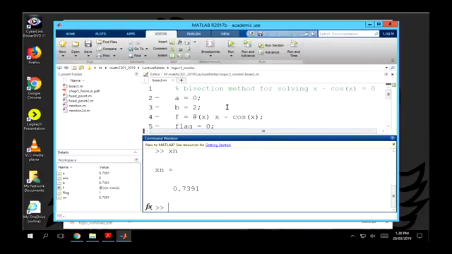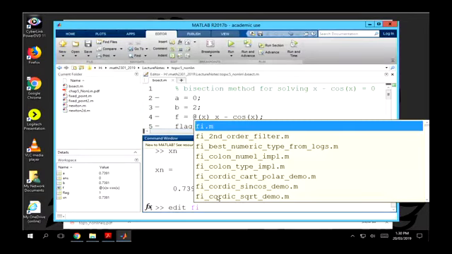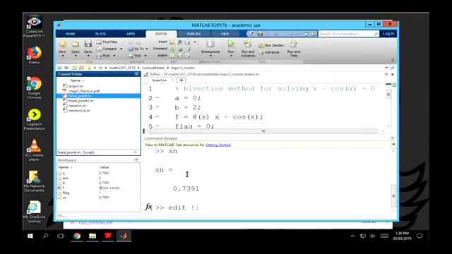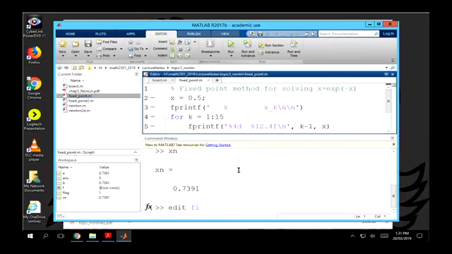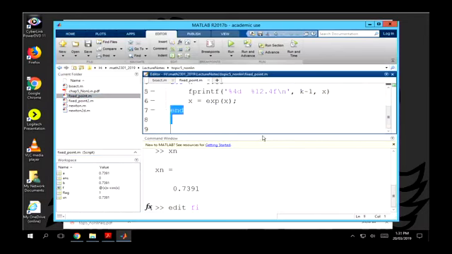So maybe let me verify for you, okay? Suppose I just change this. So you see, that is your equation, right?